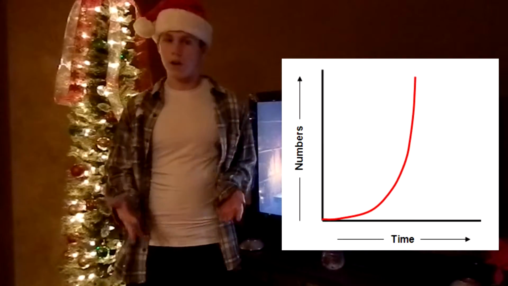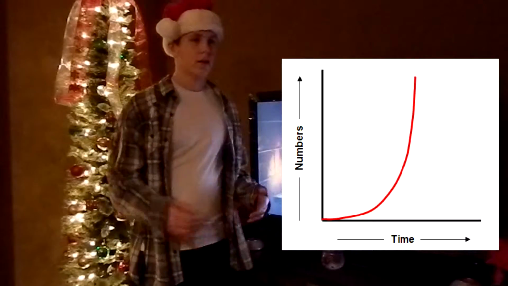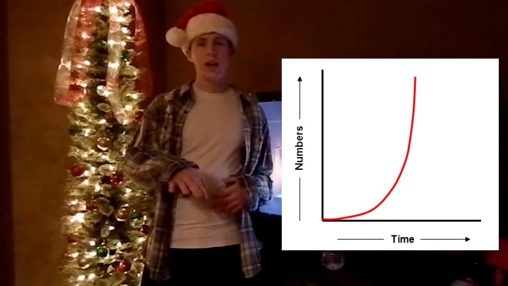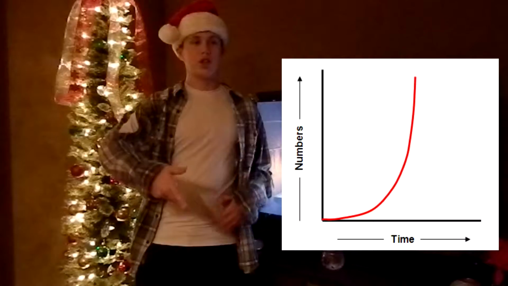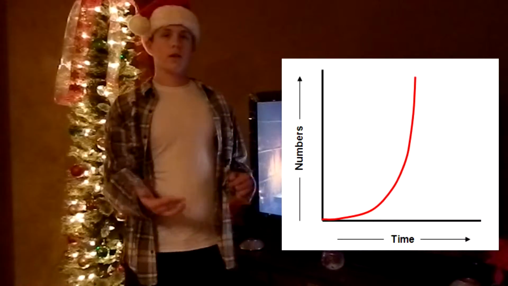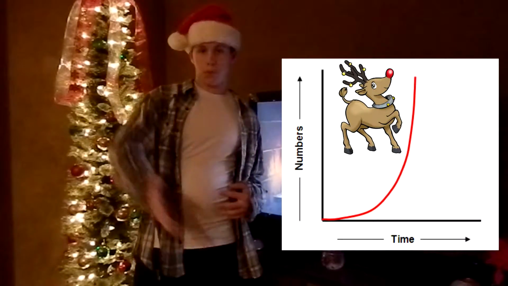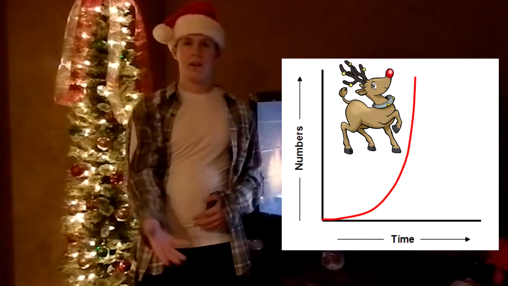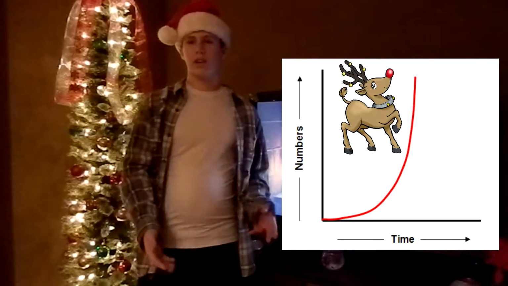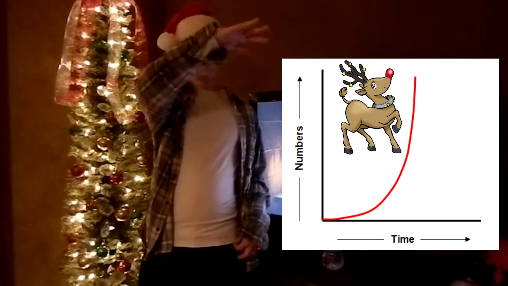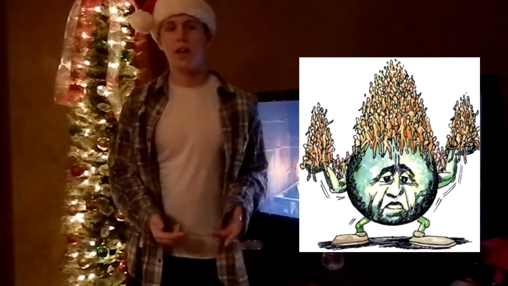That's where there's a J-shaped curve on a graph. They're doing all right, and then they shoot up, like the reindeer population prospering, and eventually they're going to hit something called carrying capacity.